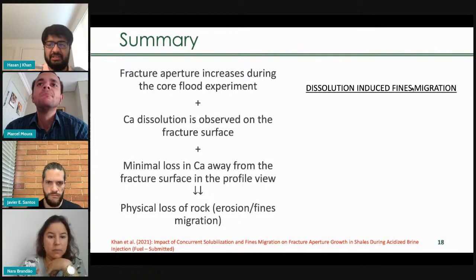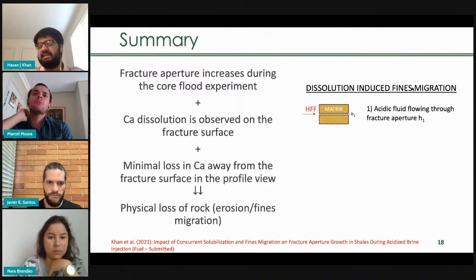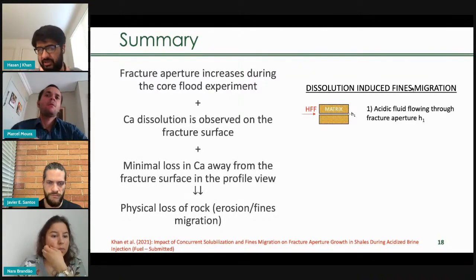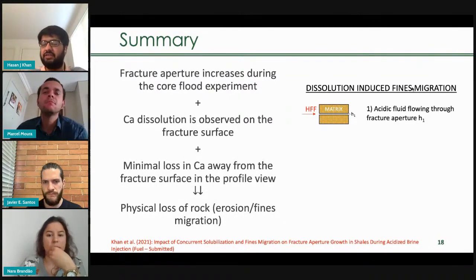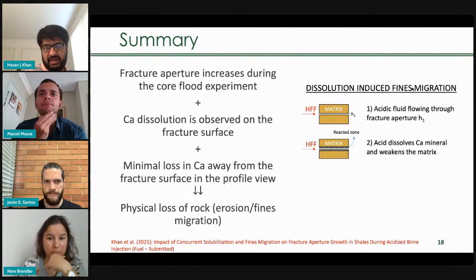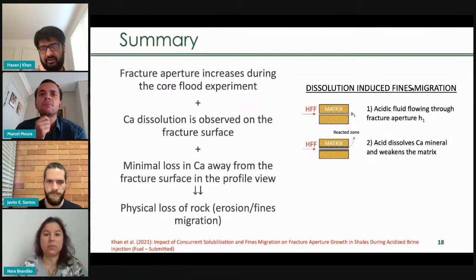This mechanism is dissolution-induced fines migration. The idea is that we have a fracture aperture, H1, through which the acidic fluid is initially flowing. As time progresses, the reactive fluid interacts with the matrix and dissolves it, resulting in weakening of the matrix.